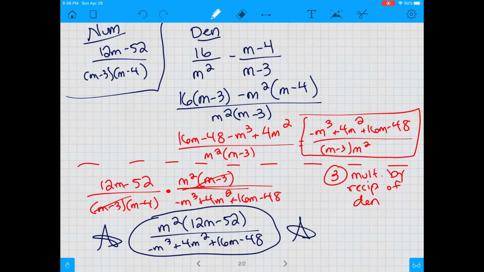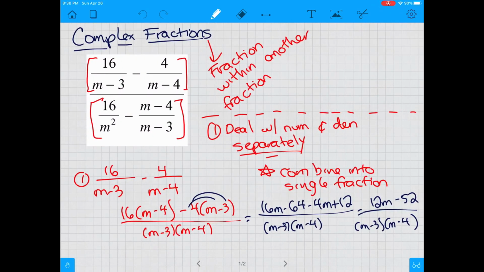So if we go back and recap a little bit here, the beginning of it looks super ugly. I've got 5 total fractions, 2 in my numerator, 2 in my denominator, and then the whole big thing is a fraction itself. So to break it down, we deal with the numerator on its own, and then we deal with the denominator on its own. Our goal is to combine each one of those into one single fraction to make my life easier.